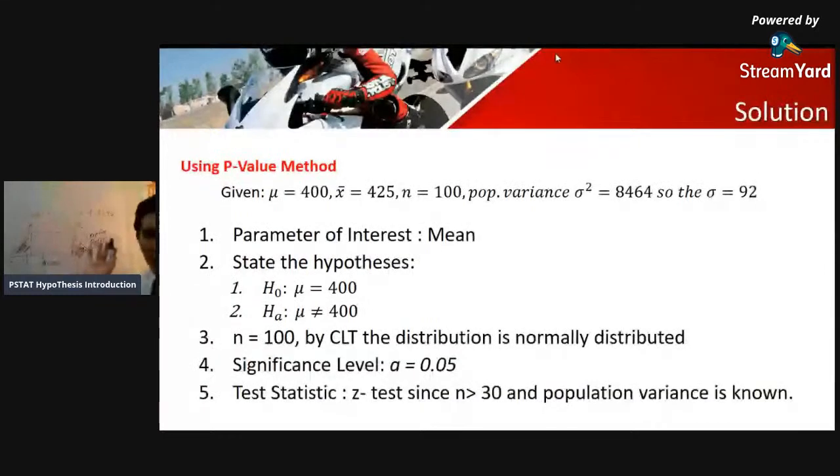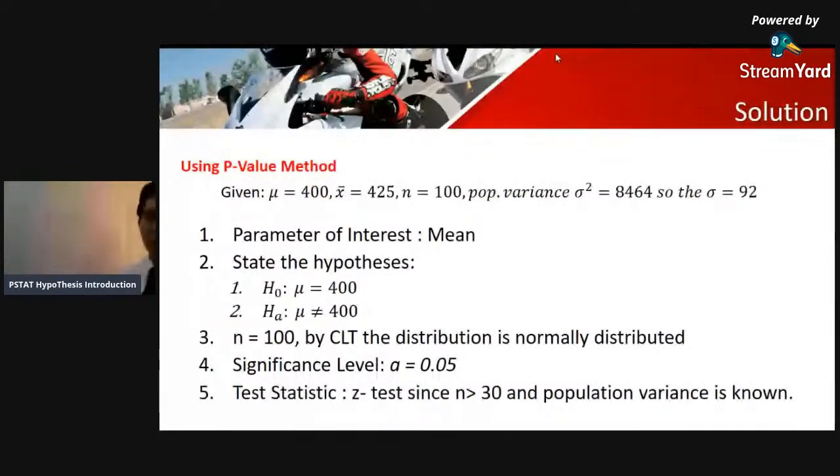The difference here is that we need to give emphasis not on the confidence coefficient, but instead, since you are using p-value, you need to focus on the alpha. Again, the very common alpha is 0.05 or 0.01.